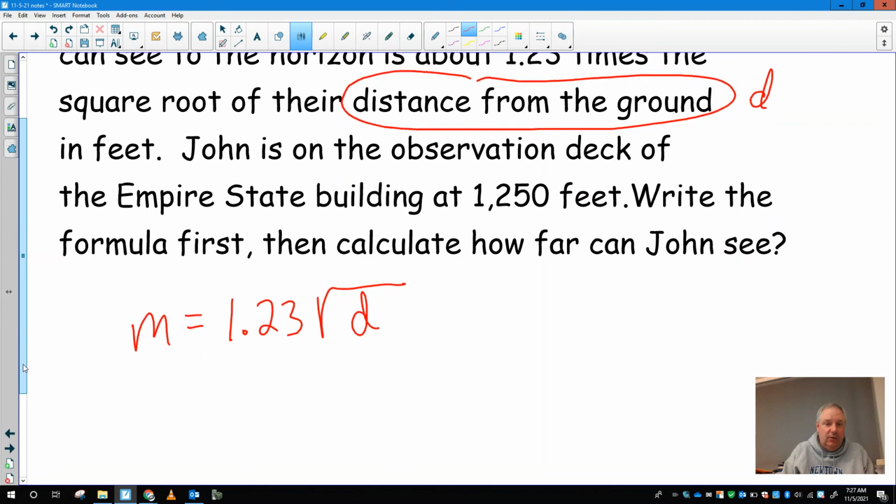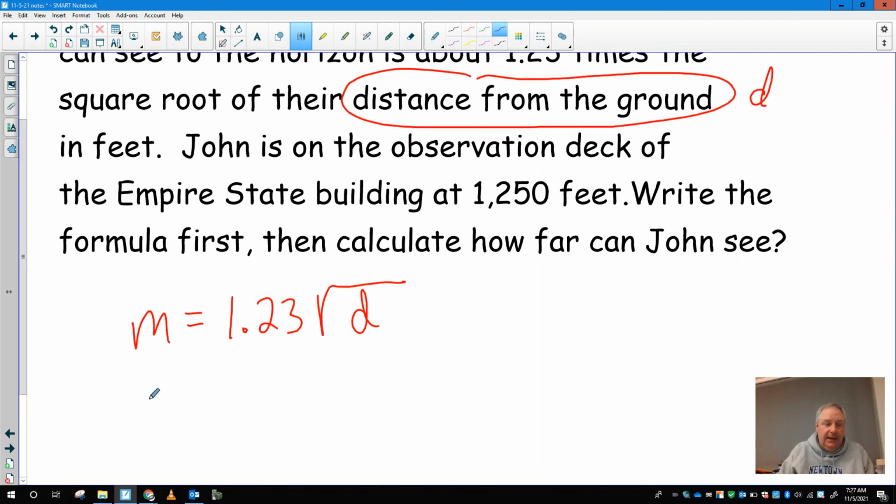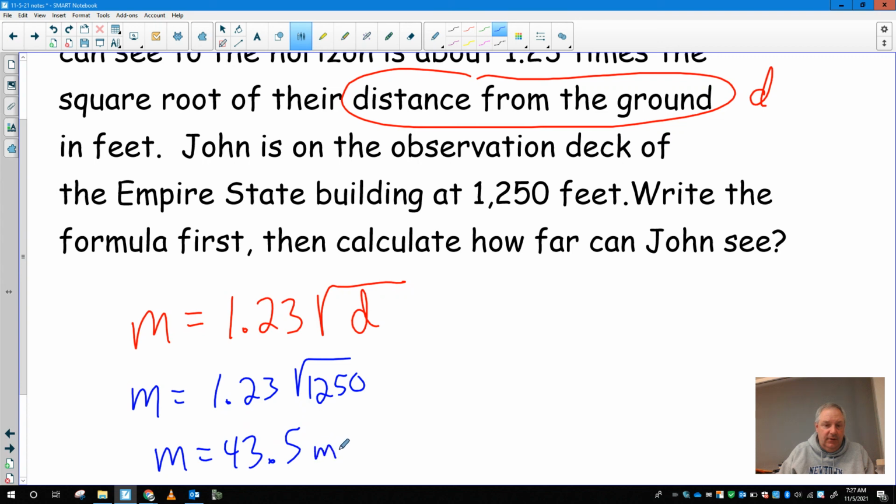We've just done the difficult part. So I plug in. I get the miles is 1.23 times the square root of 1250. So the number of miles would be 43.5 miles.